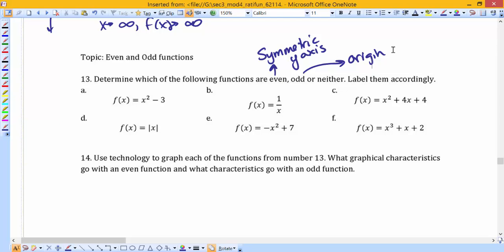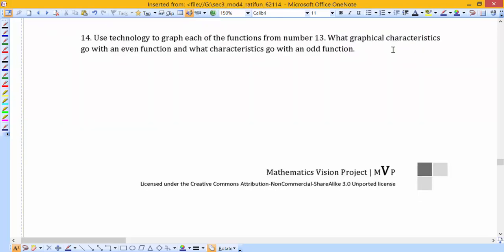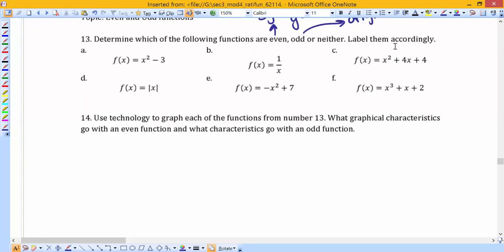I don't want to give you too many hints here because there needs to be some discovery. What I would like you to do, we're going to put 13 and 14 together. I'm not worried about you guys drawing the graphs, though it might help you if you use this space down here to make a rough sketch of the graph.